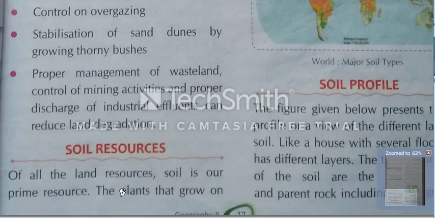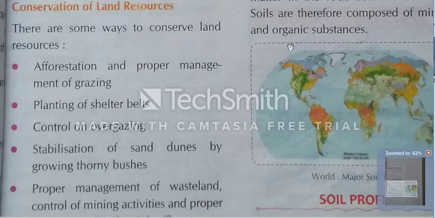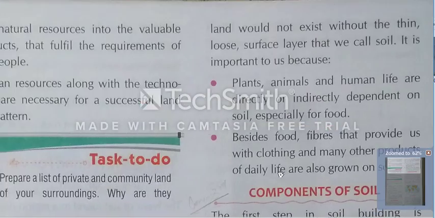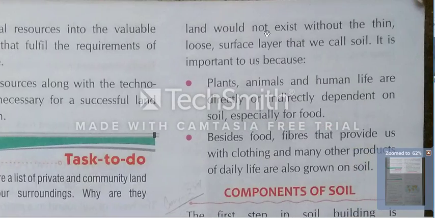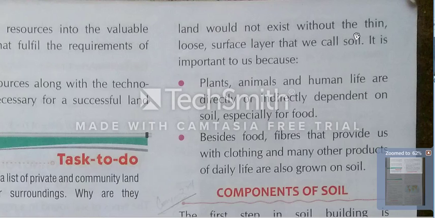Of all the land resources, soil is our prime resource, main resource. Okay, there are lots of resources, land resources are there, but among all of them you will find that land resource or soil resource is the main resource. The plants that grow on land would not exist without the thin, loose surface layer that we call soil.